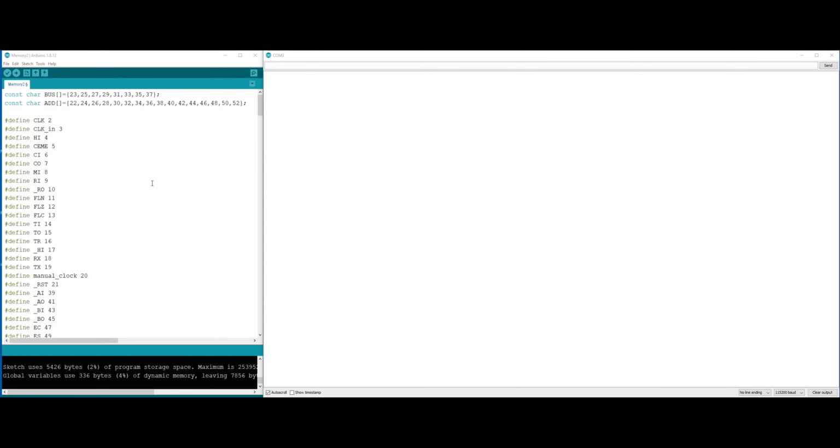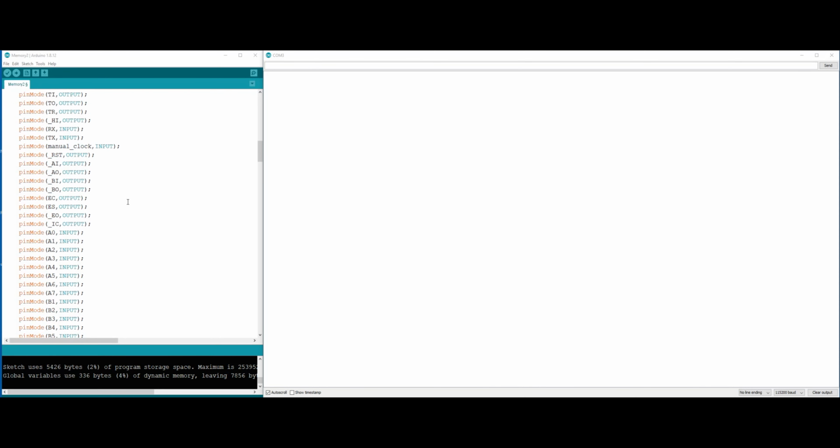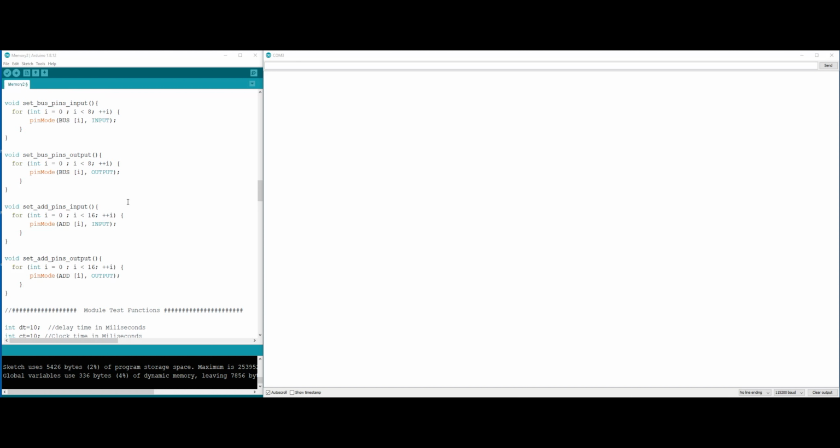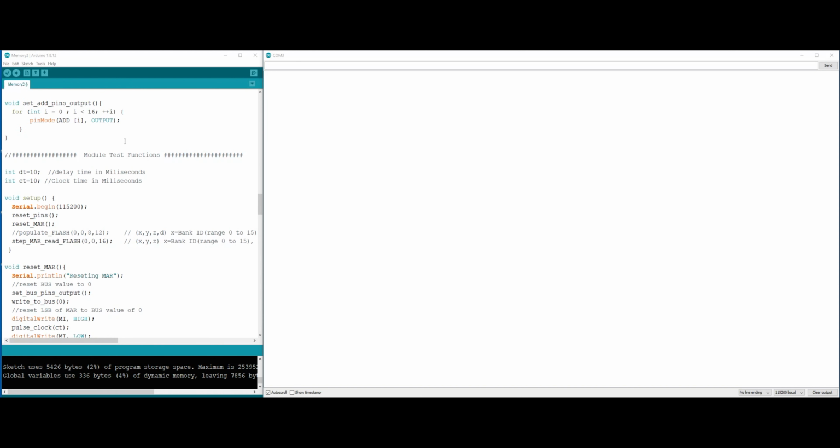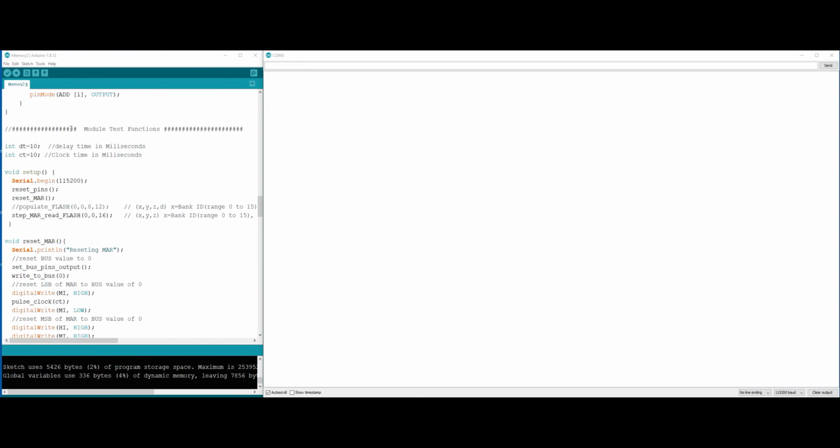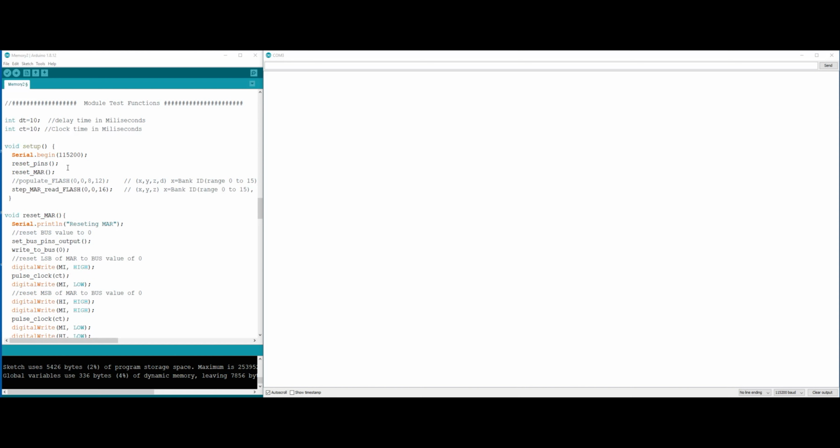All right, we have loaded our sketch here, and by now you should be familiar with the first section of the sketch, which is all about resetting the pins. We have just a couple of functions here to test our flash memory. The first step is to reset all the pins and set everything to default. The next step is resetting our memory address register.